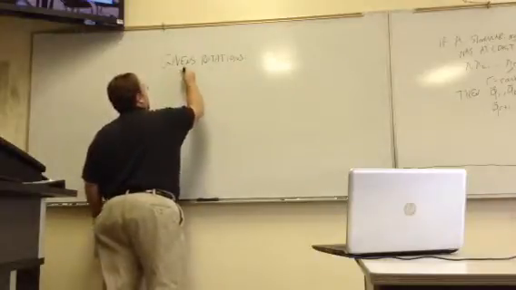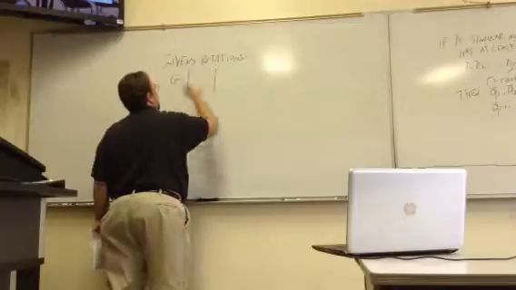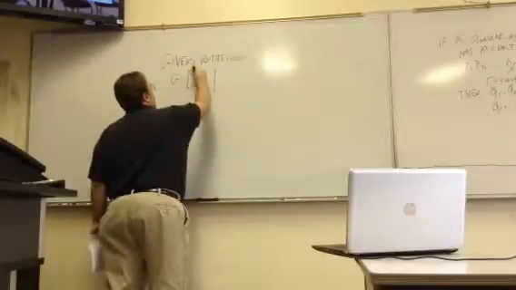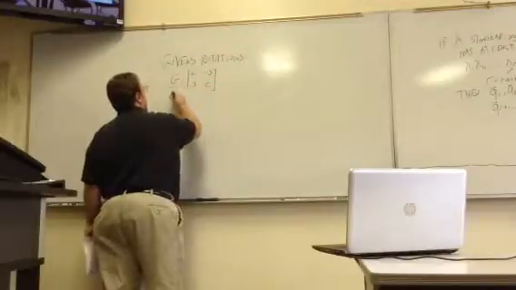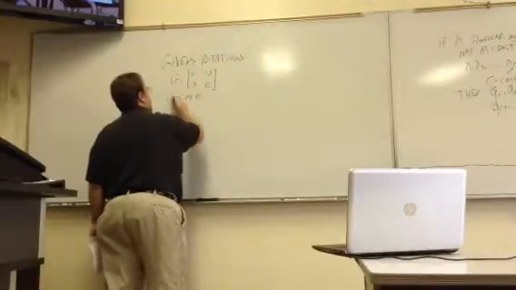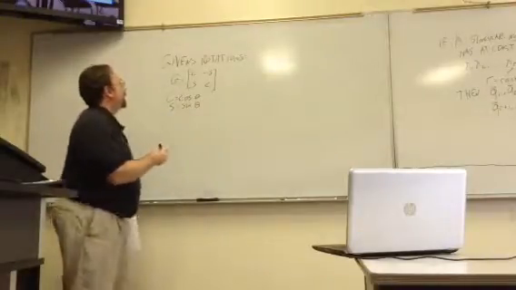Alright, so the idea is you have a 2 by 2 matrix G that has this form. It's based on a cosine-sine pair, so c squared plus s squared is equal to 1.